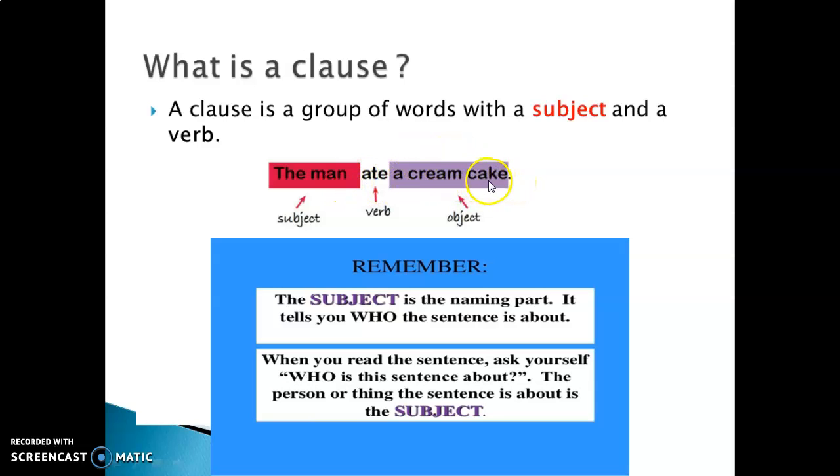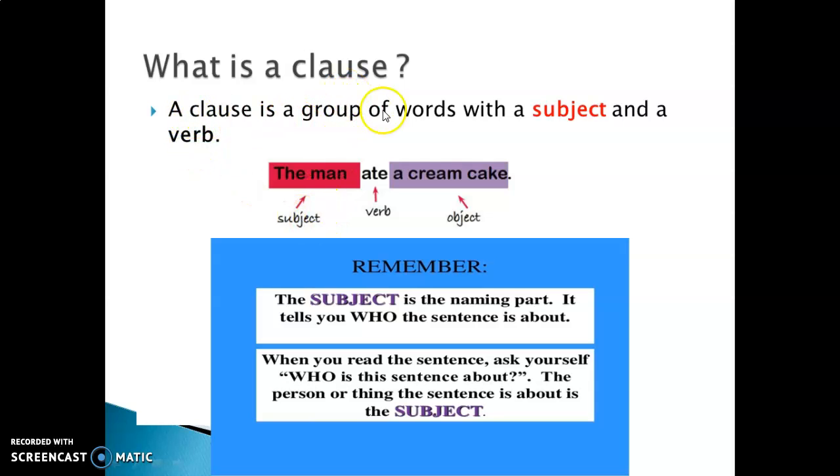That makes more sense. But then we can see we have the subject, which is the man. Then we have the verb, which is ate. All these words together make a clause. Simple words, together they make a clause.